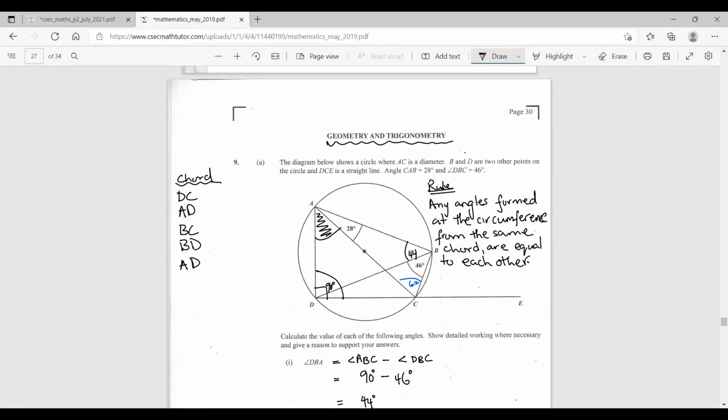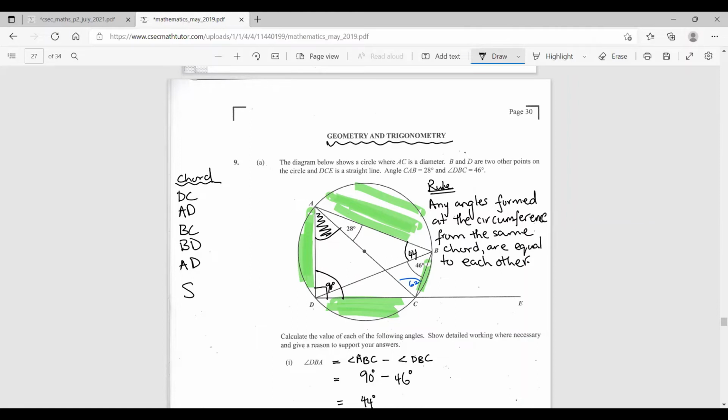The space between the chord and the circumference of the circle is called what? We're doing a revision. What are these spaces called? Starts with S. Sectors. Nope. A sector is formed connecting from the center of the circle going outwards.